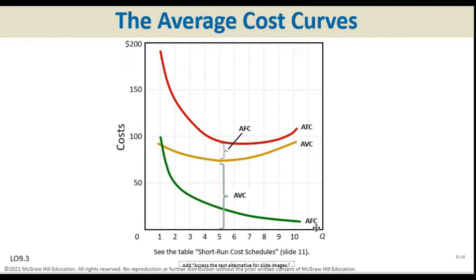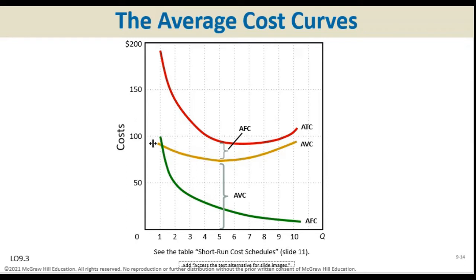As we produce more output, the average fixed cost will fall. Right. So average variable cost will also initially fall, and it will get to a certain level, right? And you will see that it will start increasing.